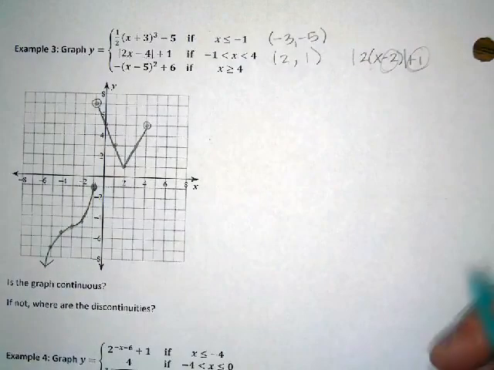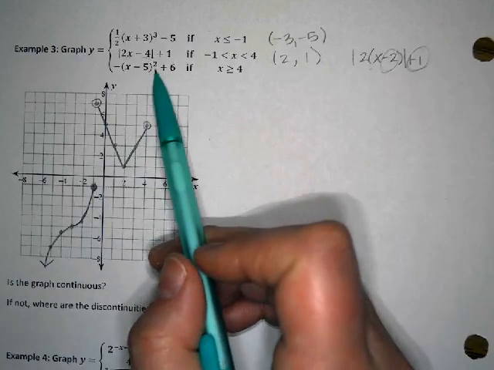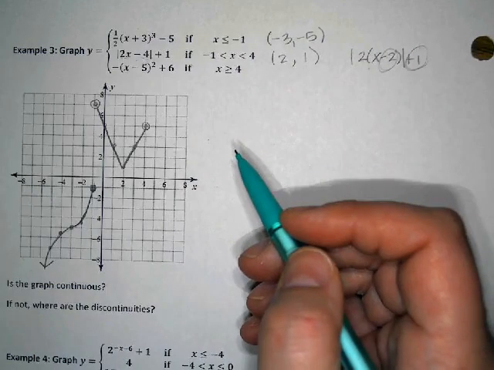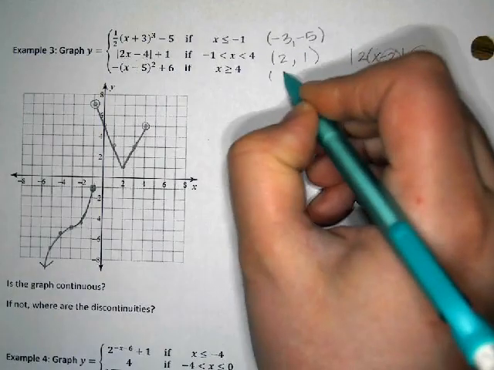Okay, what's the vertex for this last one? 5, 6. Okay, so over 5, up 6. Okay.